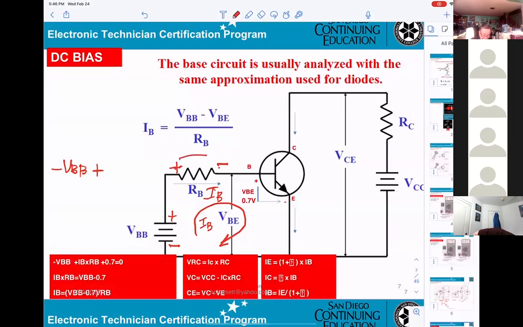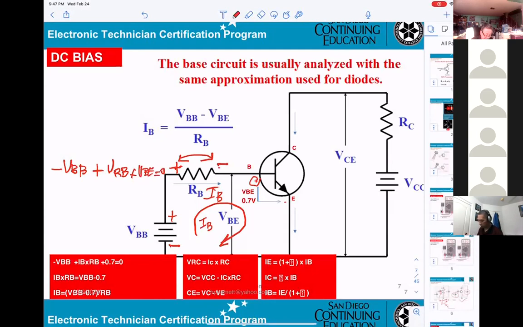The voltage here will be IB times RB, the voltage of RB. Then it hits the positive of the VBE, so you add VBE. Everything will be 0.